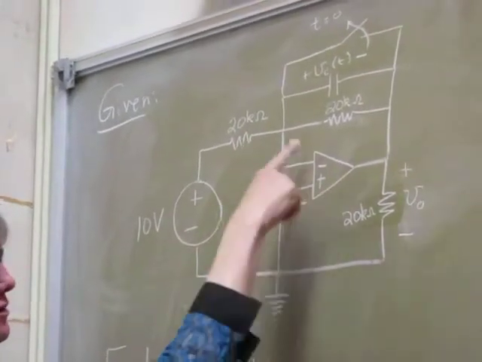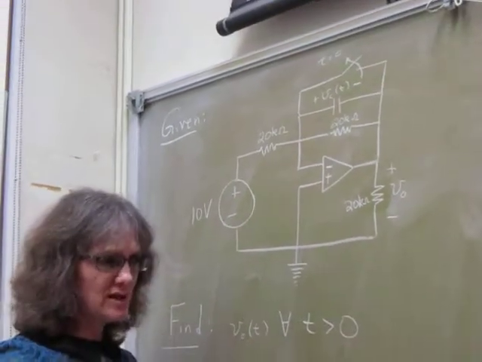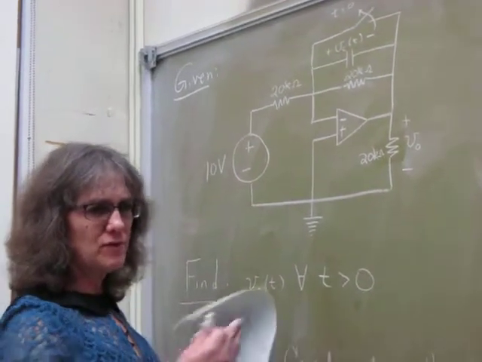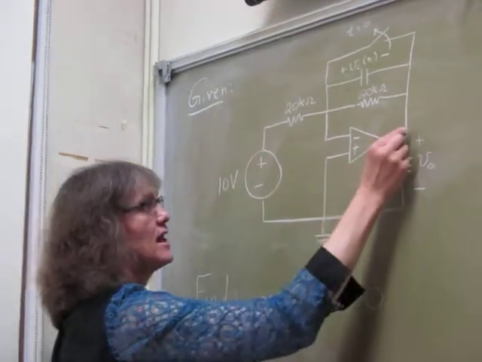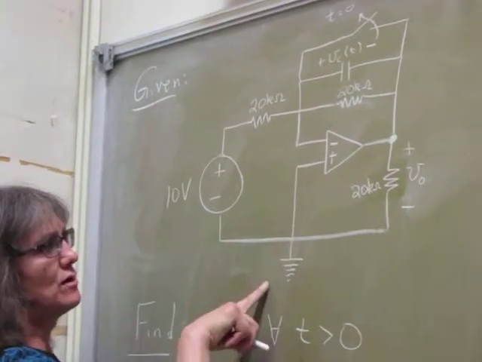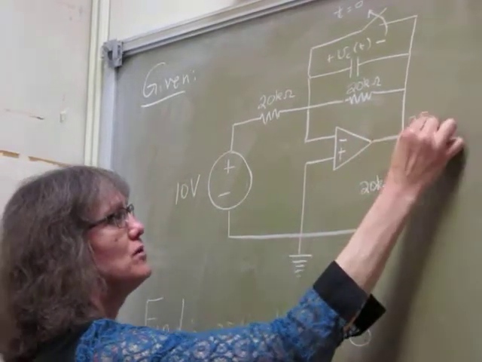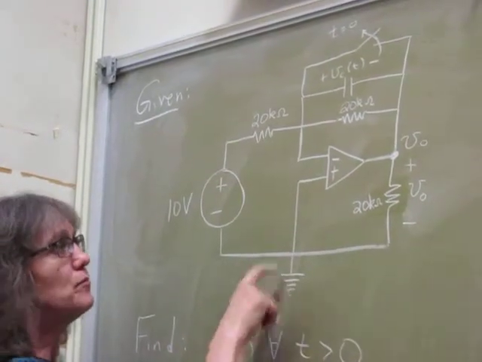We only treat it as a 3-terminal device. It's actually got a lot more, which we do have to take into account. But for the most part, in our problems, we can just show it as a 3-terminal device that has an output voltage. So this node here, if this is the reference, I could label this node as V0, because it is the output with respect to the ground.